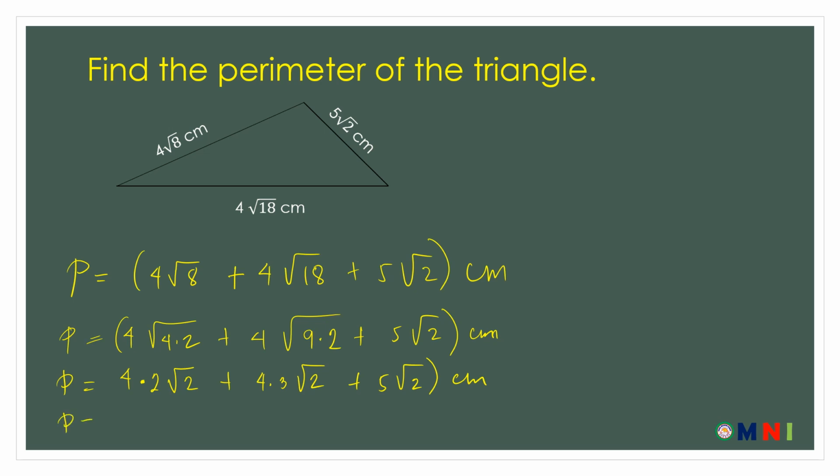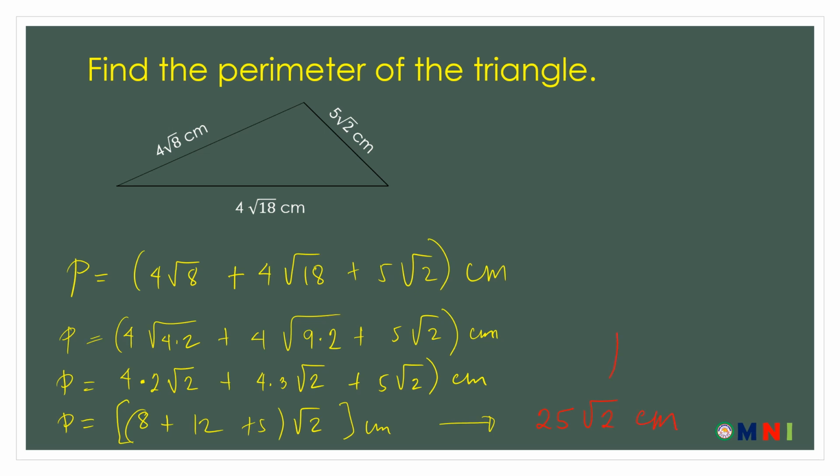And then we have here combined. 4 times 2, that's 8. Then 4 times 3 is 12. And then 5 times the square root of 2, in centimeters. So our final answer then is 8 plus 12 plus 5, which is equal to 25 square root of 2 centimeters.